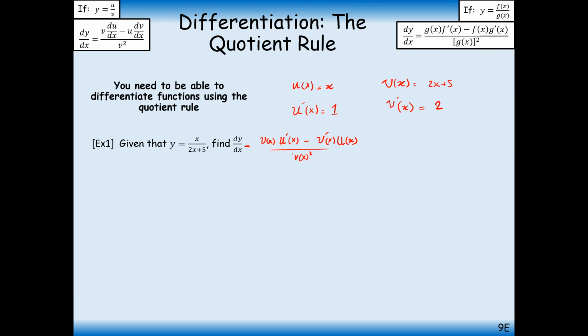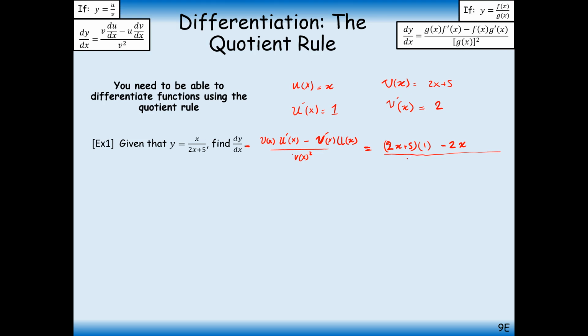v of x squared. Substituting these into that expression, we'll write 2x plus 5 multiplied by 1, and we're going to have the subtraction of v dash of x, which is 2, multiplied by u of x.